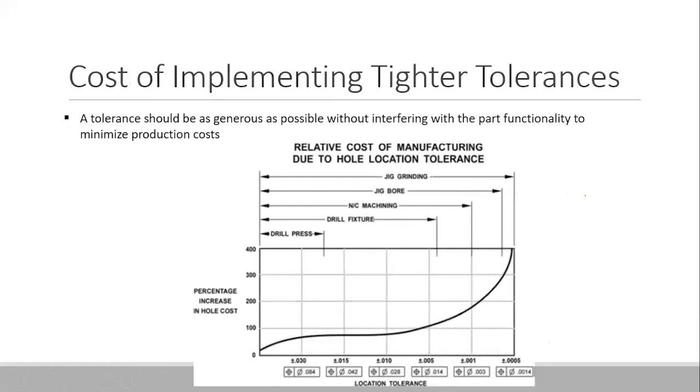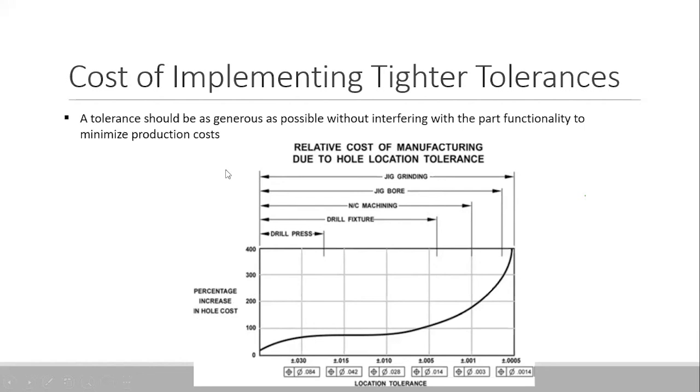The last slide is about when to use and when not to use GD&T. You can see that depending on the amount of tolerance, the percentage increase in cost is exponential. If you keep tightening the tolerances, the type of machining process will change depending on what tolerances you need, and your cost of fabrication will increase.